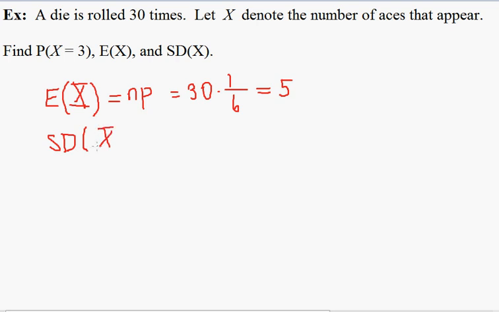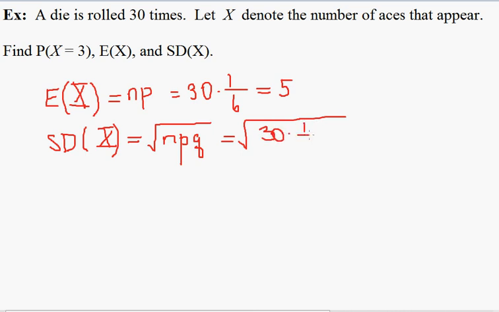Standard deviation of x. This you probably could not have gotten before taking this class. The formula, again, this formula only works if I have a binomial random variable, is the square root of n times p times q. So square root of 30 times 1/6 times 5/6.